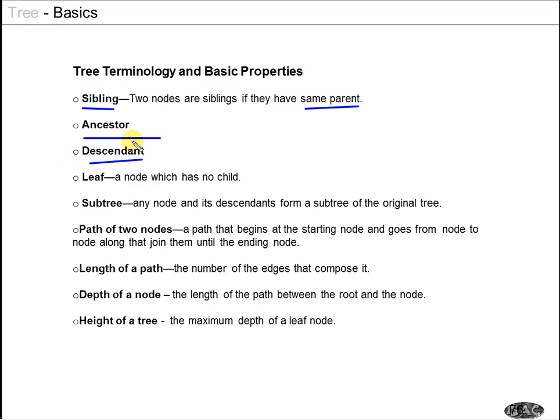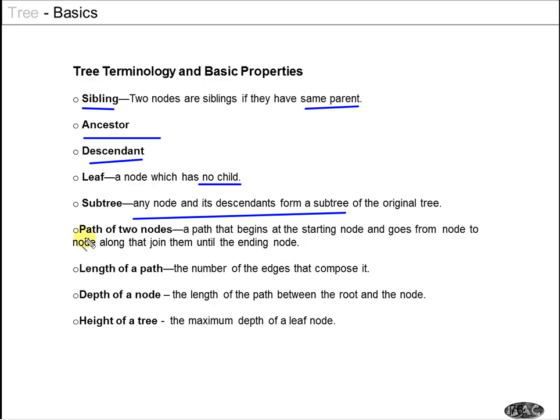Ancestors are everybody who is a parent and above. Descendant, everybody below that is called a descendant. Leaf, a node which has no child. Subtree, any node and its descendants form a subtree of the original tree. So you can take any node and its descendants, and it will form a subtree.